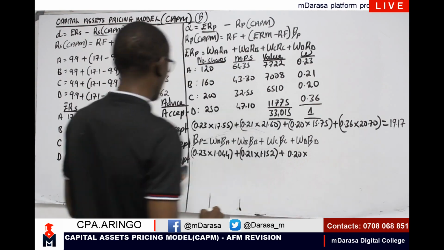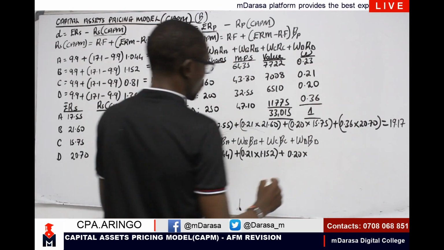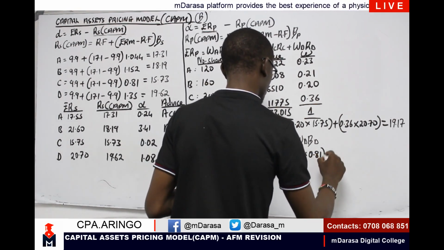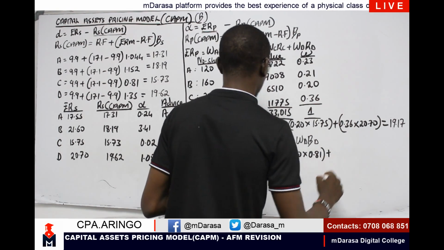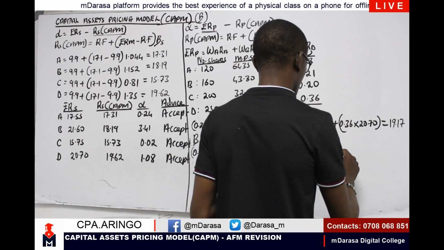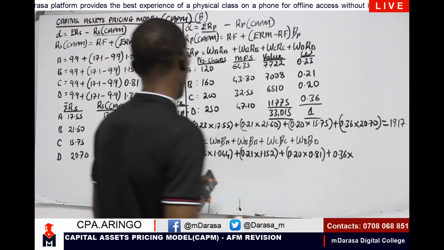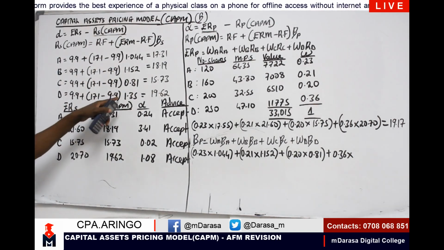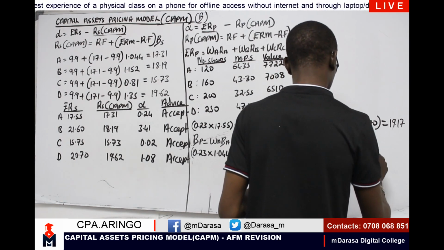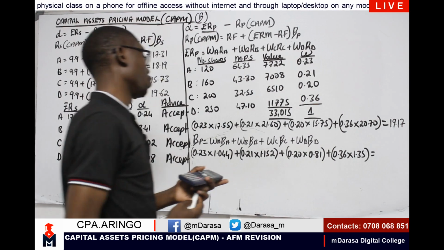We multiply by beta of C, which is 0.81. We are going to add, of course, the weight of D, which is 0.36. We multiply by beta of D, 1.35. So at the end of the day, what will we be having?